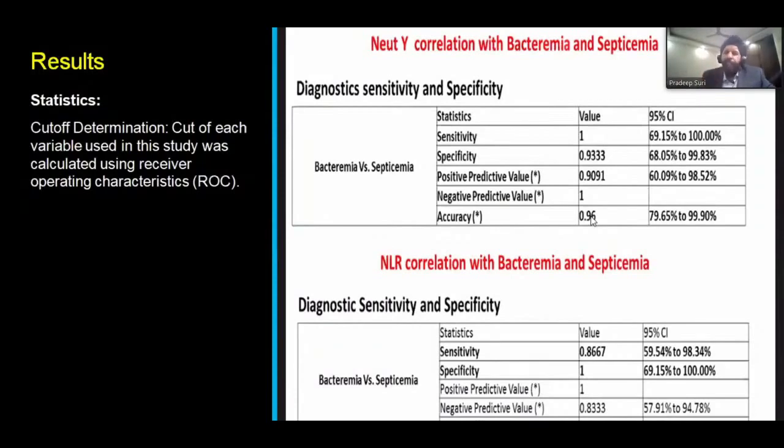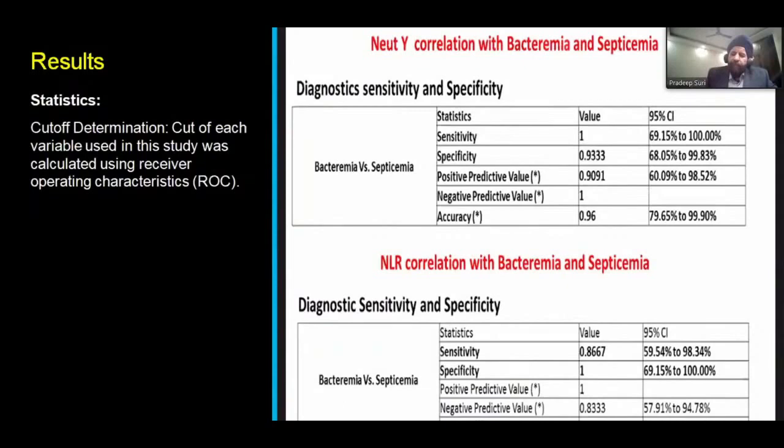So NEUT-Y was the most sensitive marker amongst all the markers that we studied to differentiate bacteremia from septicemia. Likewise, NLR had a diagnostic sensitivity of 0.86, a specificity of 1, a positive predictive value of 1, and accuracy of 0.92.